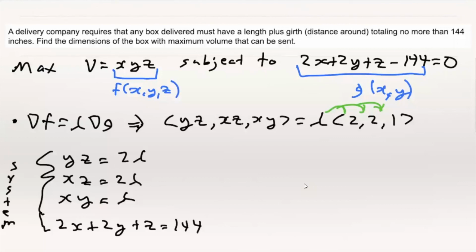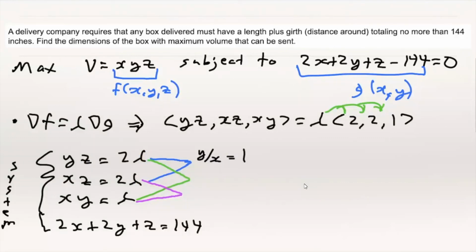However, we can always cancel out lambda. And in the 3 variable case, probably the slickest way to do that is to divide pairwise. So to be clear, do pairwise divisions. So for example, this blue here means that we'll take yz over xz equals 2 lambda over 2 lambda. Yz over xz is y over x, these cancel out, and 2 lambda over 2 lambda is 1.